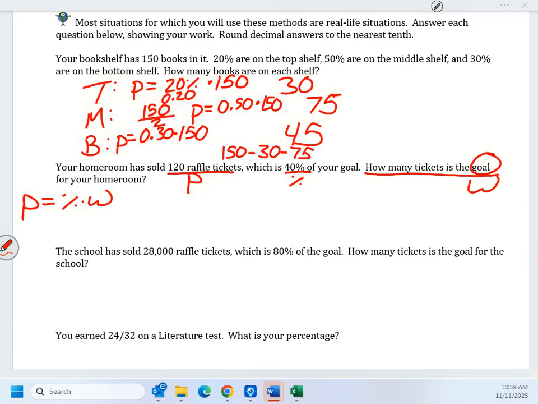Victoria? What do I have to do to figure out that whole? Am I gonna multiply? Colton, why not? Because you can divide.